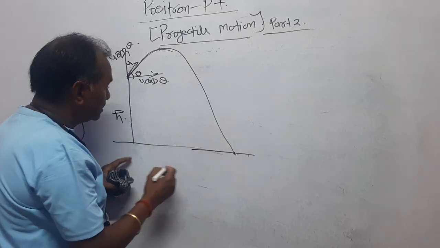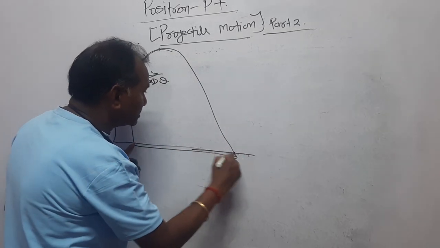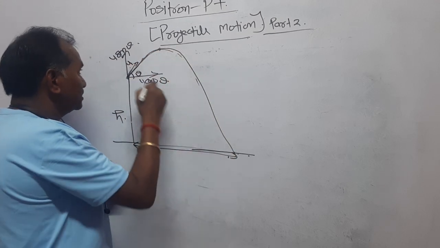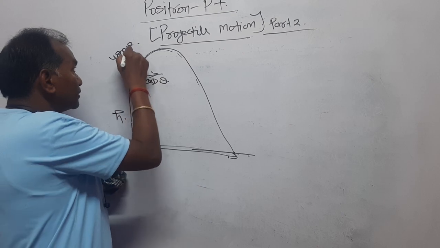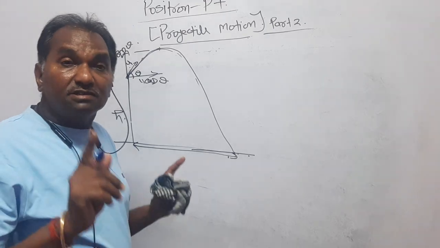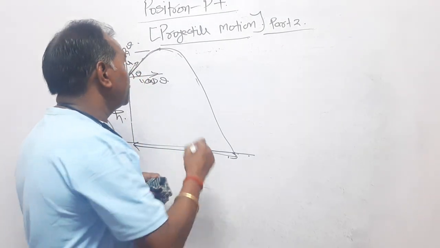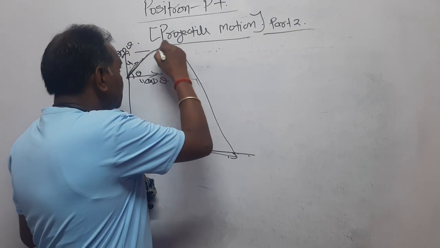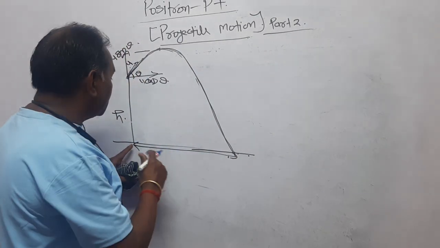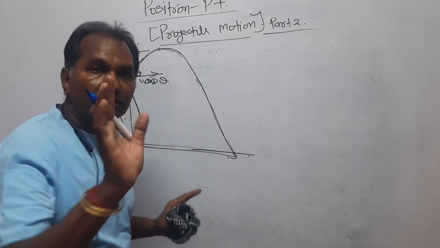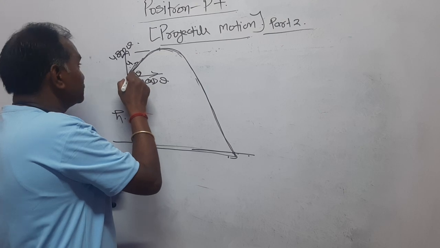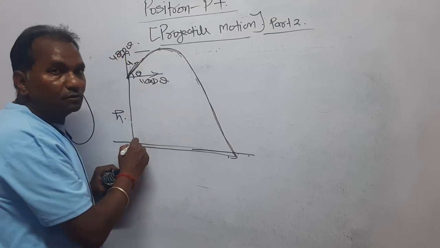In that time, it will travel this much distance along the x-axis, and on the y-axis, it will go from here to the maximum height and will come to the ground, right? Means time of flight is what? Either you find the time taken on this curvature, or the time taken in traveling from here to here on the x-axis, or find the time in which the body begins its motion, goes to here and comes down to here, right?